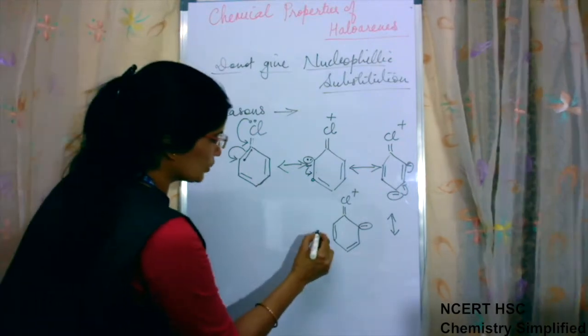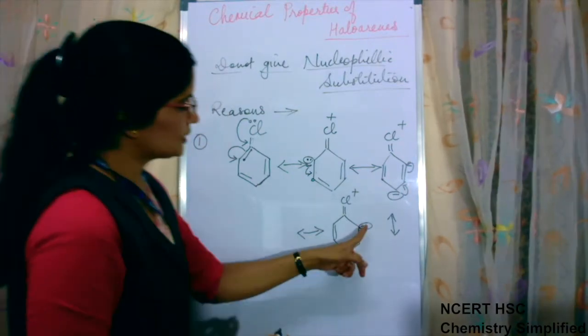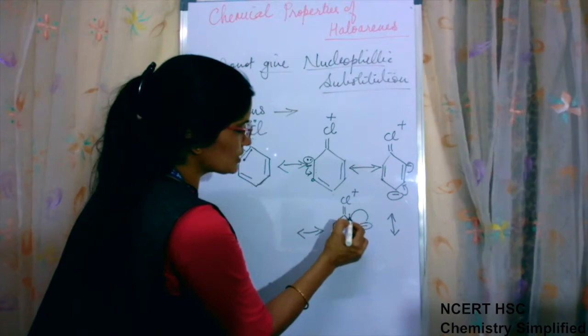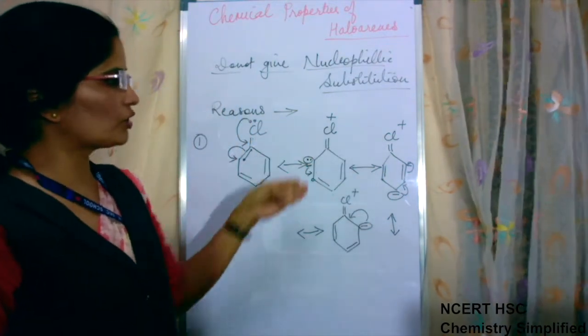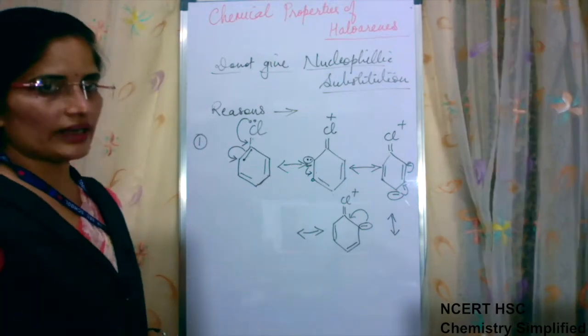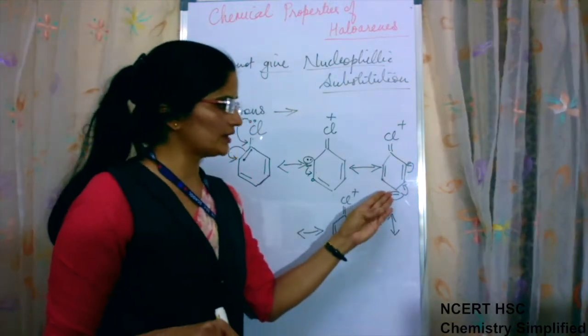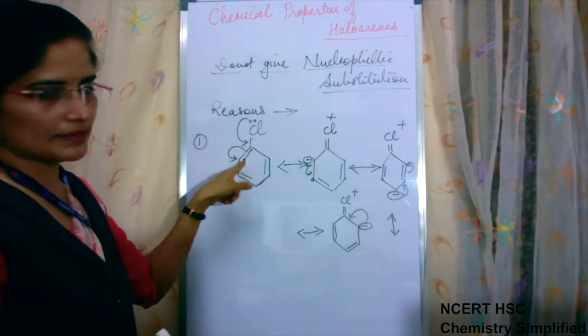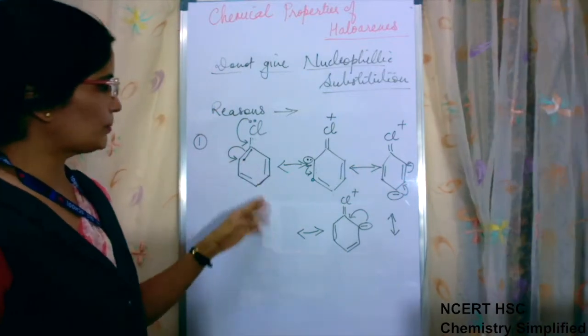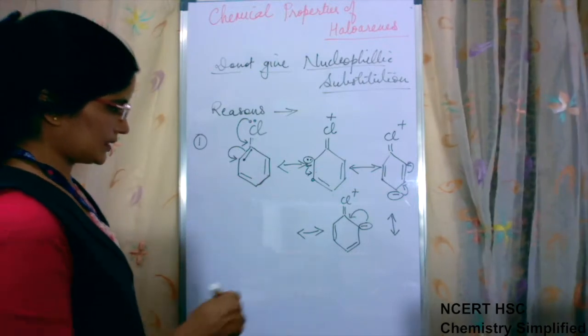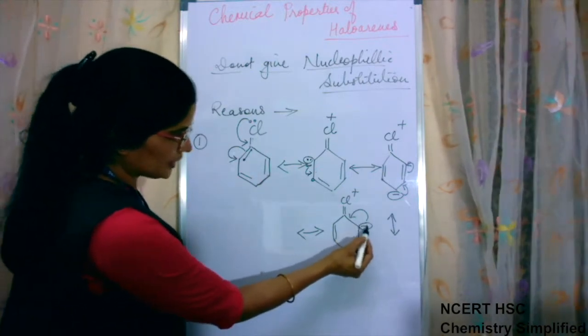Now the last structure, this negative sign shifting, because these are pi electrons, and pi electrons keep on rotating, and they will be only able to rotate if there are alternate single and double bonds as present in the benzene ring. If we don't have alternate single and double bonds, pi electrons cannot rotate. Okay, so it will come here.